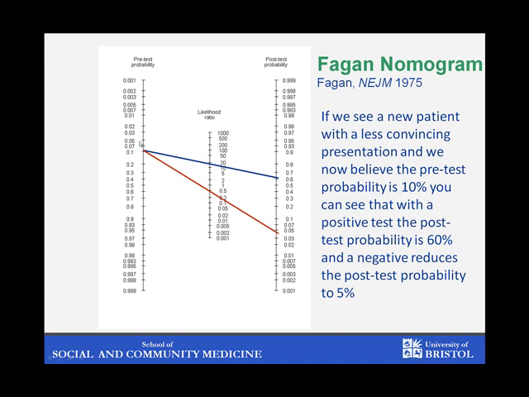So now on the pretest probability column, we'd put a little x by the 0.1 mark, and again we'd put an x for our positive likelihood ratio and negative, read across, and now you can see that if they have a positive test, their probability has gone up, but it's only gone up to 60%. So you may not be that convinced they have rheumatoid arthritis. On the other hand, if they have a negative test, their chance of having rheumatoid arthritis is 5%, or in other words, only 1 in 20 of these patients would actually have rheumatoid arthritis, which may be sufficient to convince you to treat them as if they do not have the disease.